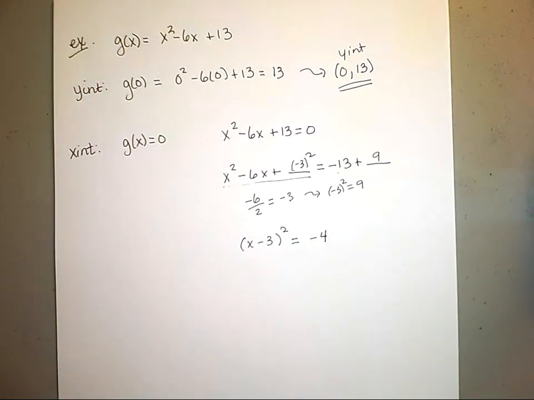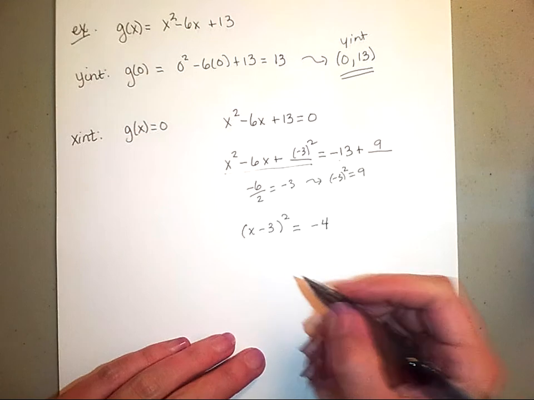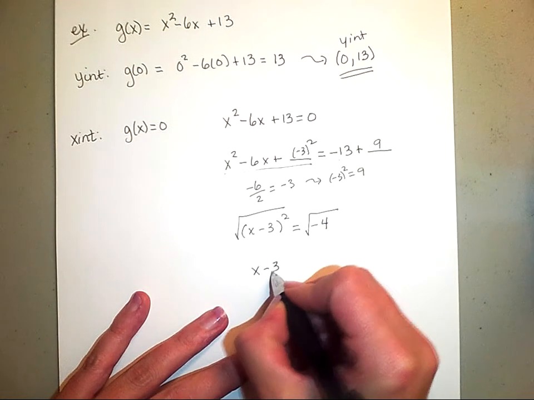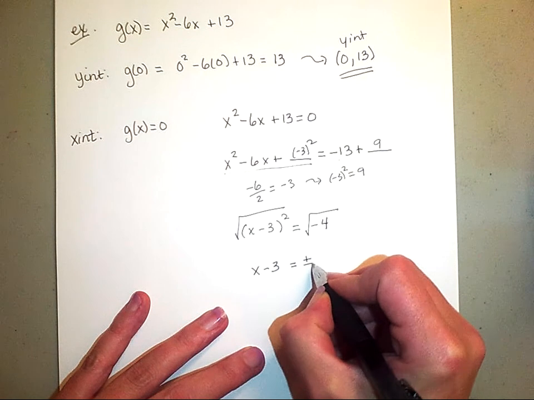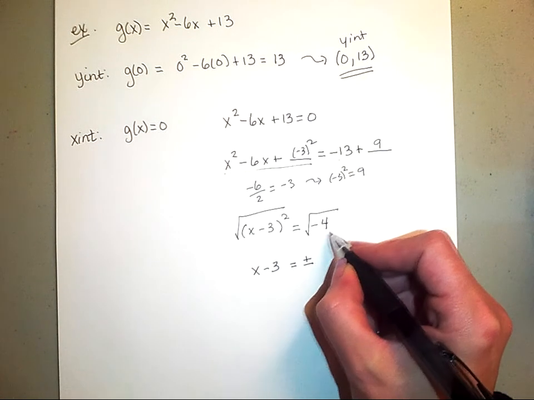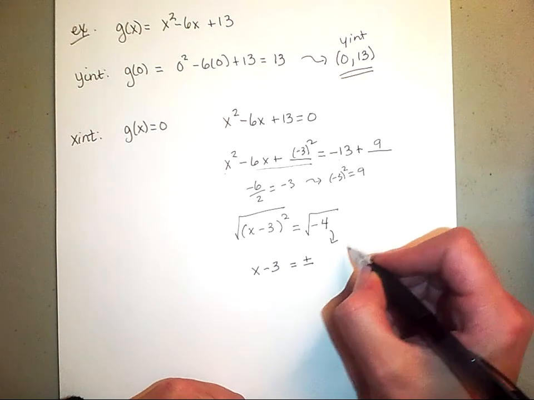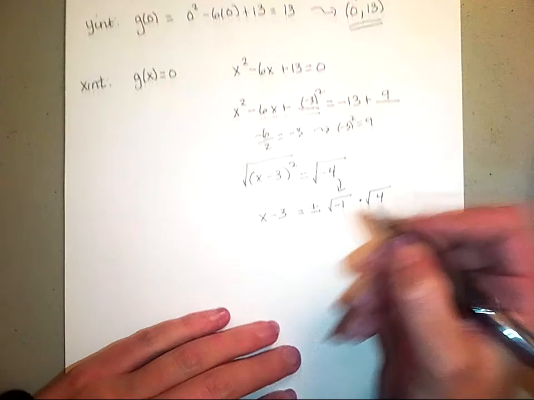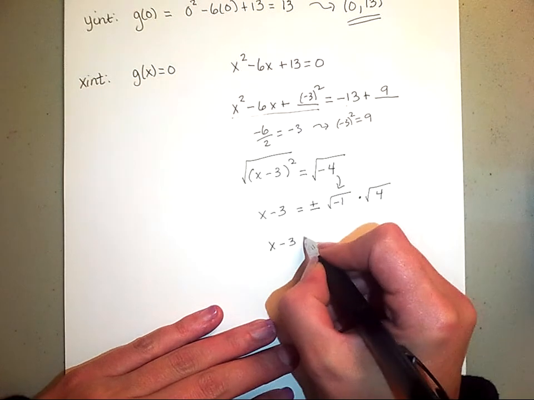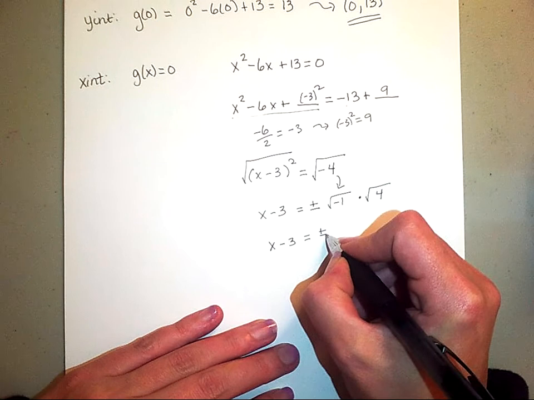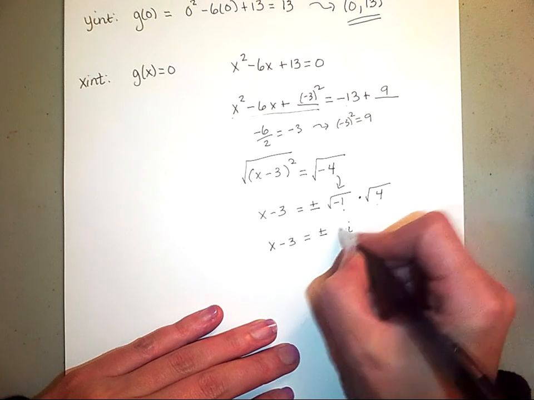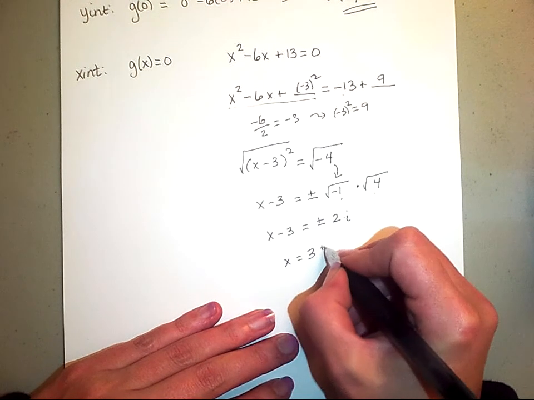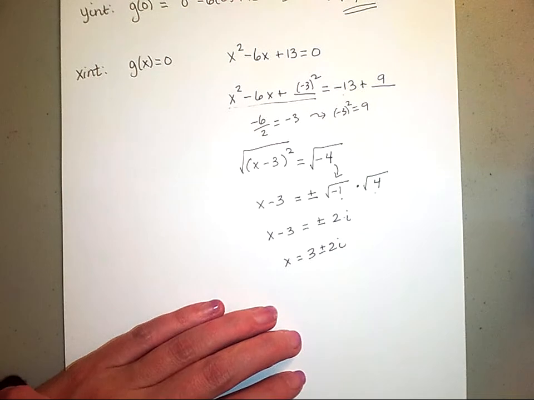And now we're going to run into a problem here, aren't we? As I take the square root of both sides, we get x minus 3 is equal to plus or minus the square root of negative 4. Now remember, this is the same thing as the square root of negative 1 times the square root of 4. So we have x minus 3 is equal to plus or minus i times 2. So x is equal to 3 plus or minus 2i.